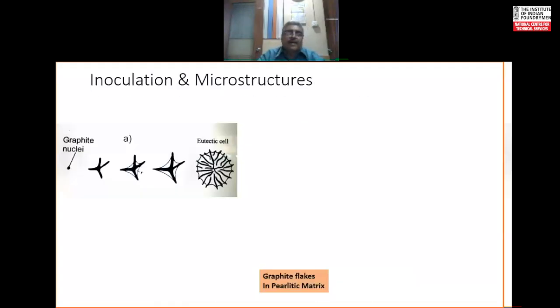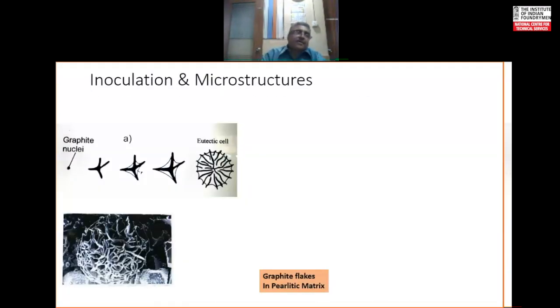So here is another diagram. Graphite nuclei have grown, then you have austenite sitting there, growing along with graphite. So a eutectic cell is formed. And here is a scanning electron microscope picture of such graphite flakes, in 3D form.